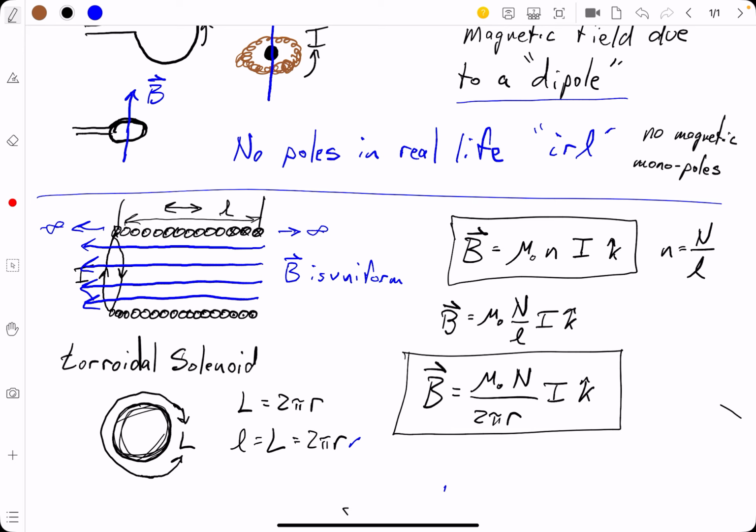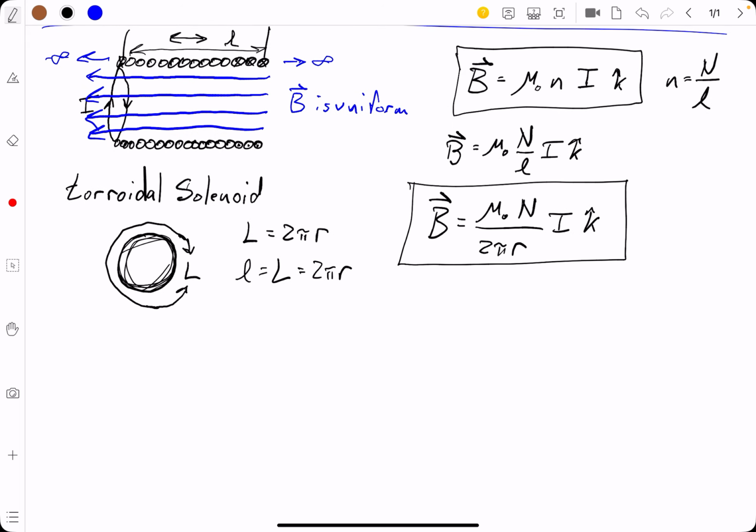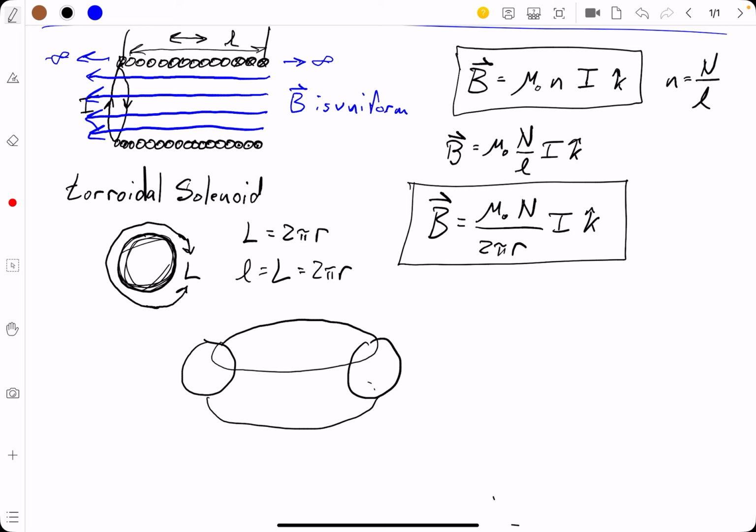And just real quick, I don't know if you guys know about fusion reactors, but this is exactly how they keep a fusion reactor going. It's a toroidal thing, and the magnetic field, when this is cranked up high enough, keeps our plasma in the middle of the circle so that it can do its thing.